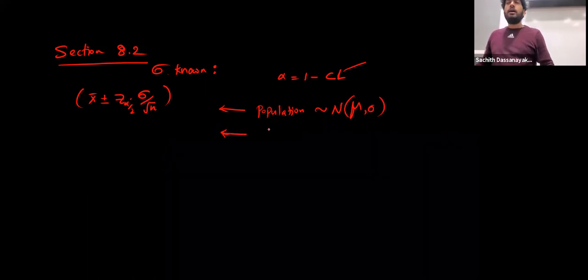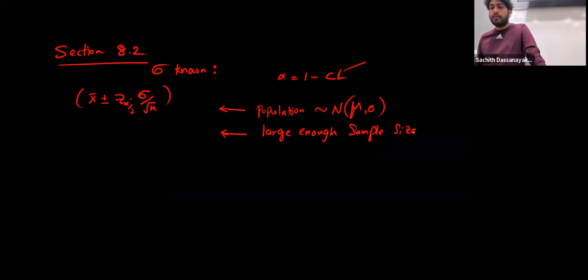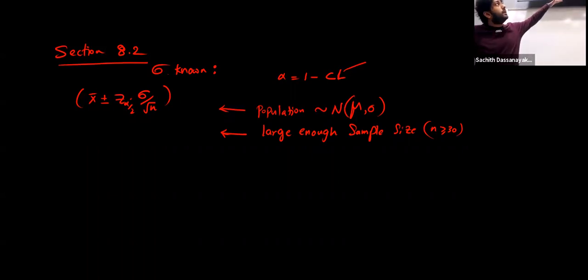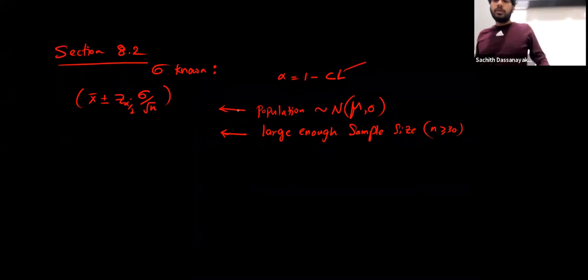The other way is a large enough sample size, n greater than or equal to 30. Clear? Those are the two possible scenarios in which you can use this. Can you see this, right?